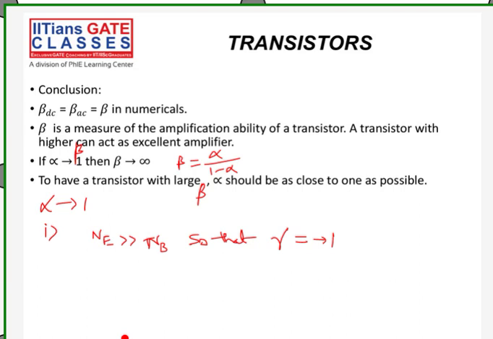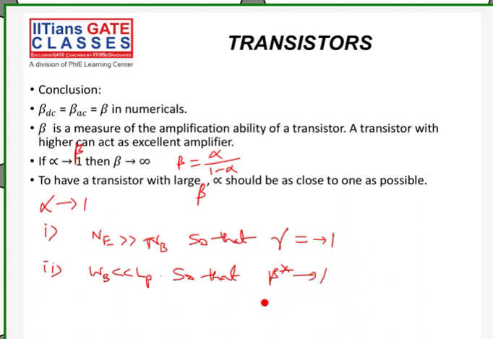So for that, emitter efficiency should be 100%. Second thing, the base width will be much smaller than the diffusion length, due to which the transport factor approaches 1, so that beta star approaches 1.